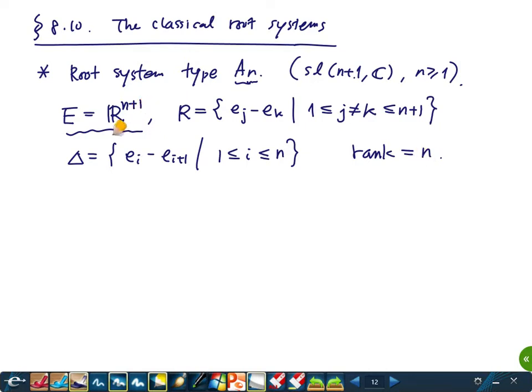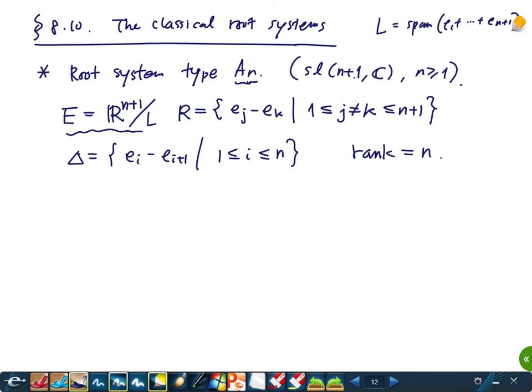What's the problem? Technically, this is not very accurate because I really have to quotient this by, say, L, where L is the line spanned by E1 plus dot dot dot plus En plus 1.